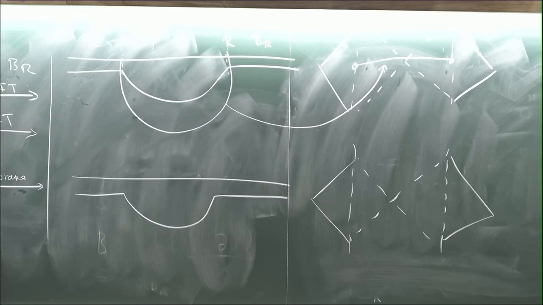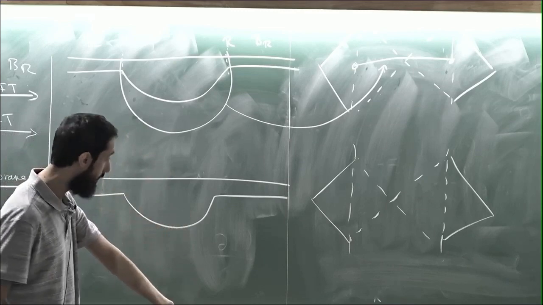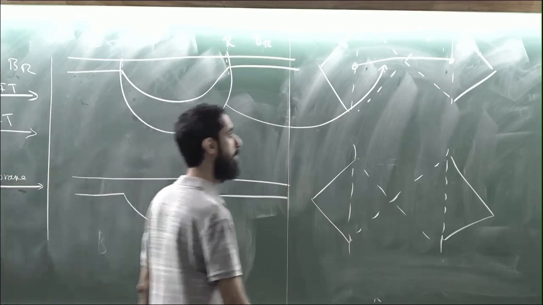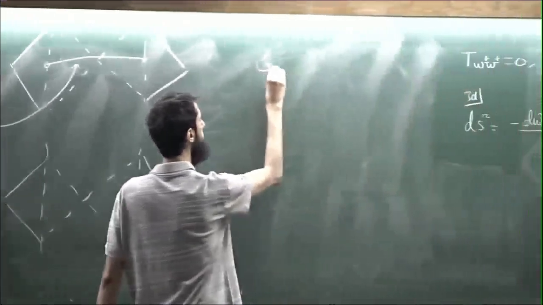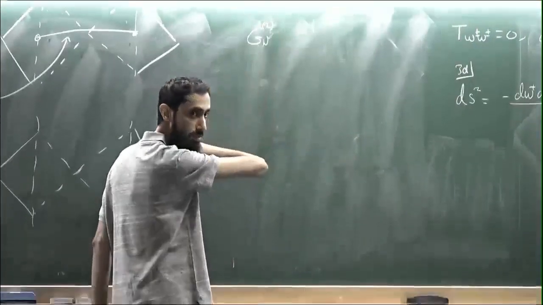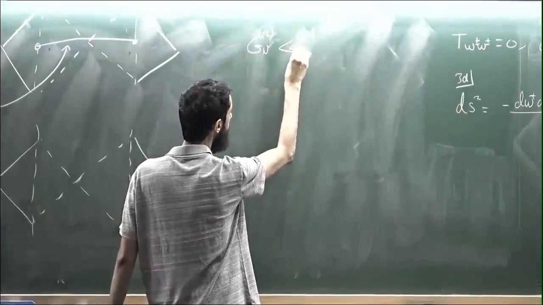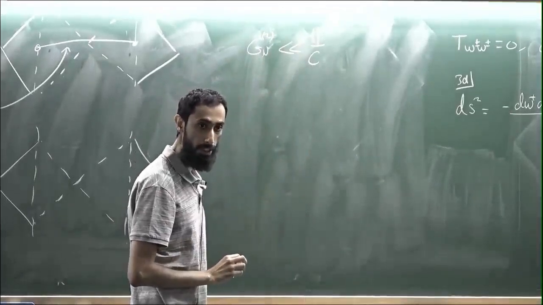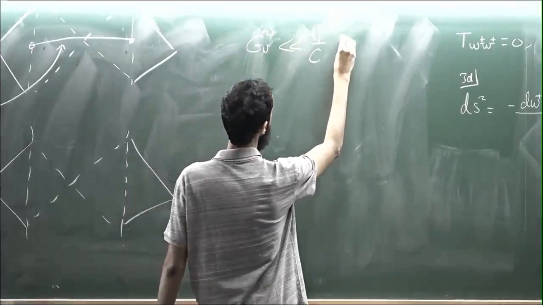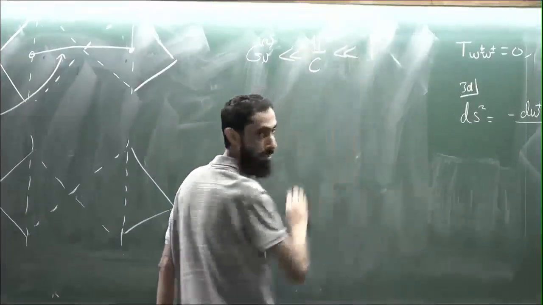Because you're doing really semi-classical physics. Exactly. Good, yeah, I'm doing semi-classical physics, so I should have emphasized that I'm working in the following limit. So I have the two-dimensional G Newton is much less than 1 over C, the central charge of the holographic theory, which is much less than 1.